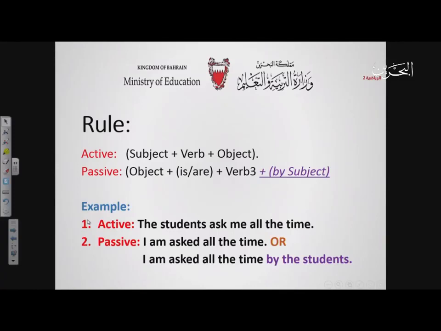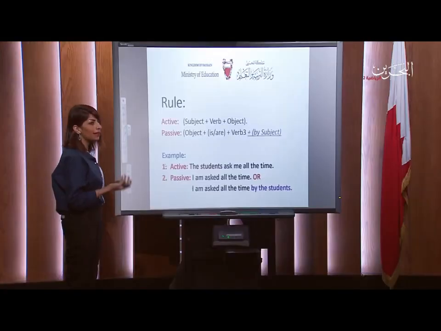And of course, I finish it with the verb. And the verb has to be in past participle form. It has to be in the third type of verbs. Now, if you can see, we have finished it plus by subject in another color. Why? Because sometimes it may come with the subject, or if I haven't written it or said it, it doesn't change anything. Now, let's go to the examples to clarify that more.